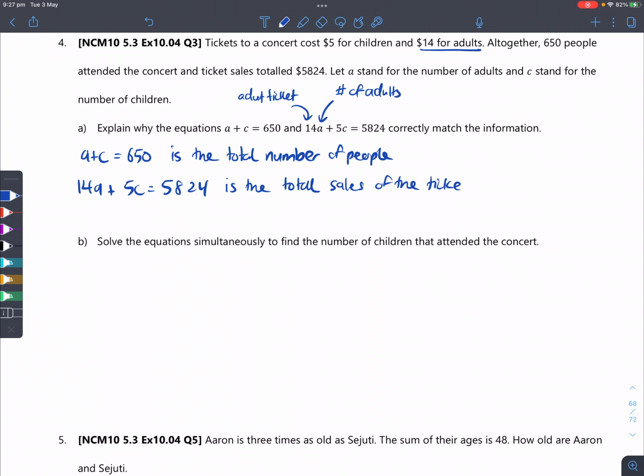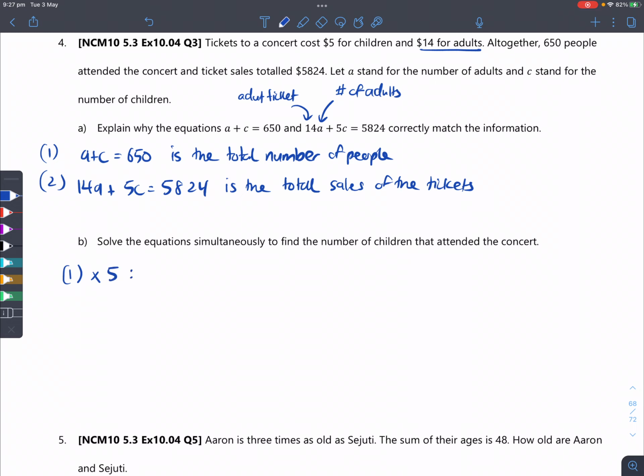Right. Now in part B, they want you to solve the equations simultaneously to find the number of children that attended the concert. So if you have a look at these two equations, we can call them equation 1 and 2. And what we can do is use the elimination method. So I'll call this equation 1, this is equation 2. So get equation 1 times by 5 here.